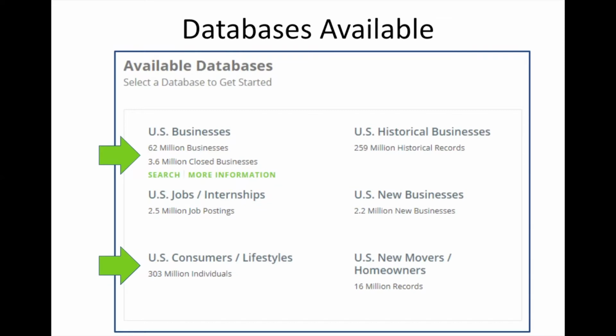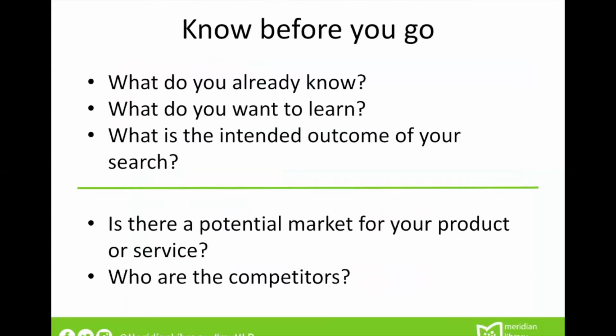There's also some job search capabilities, looking at historical businesses, so looking back a little further if you wanted to see how things have changed over a wider span of time. And then new businesses and new homeowners and new movers. That's something here in Meridian we know we have a lot of, so that might be a useful one to take a look at as well.